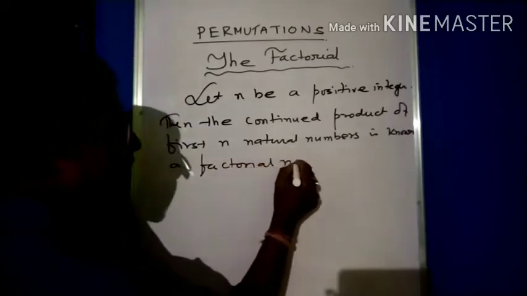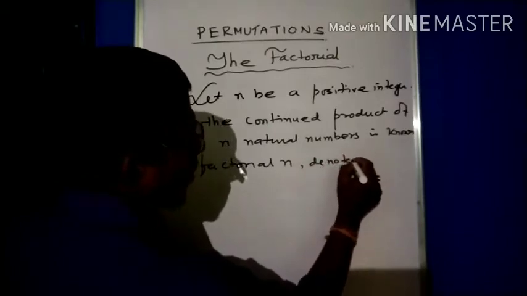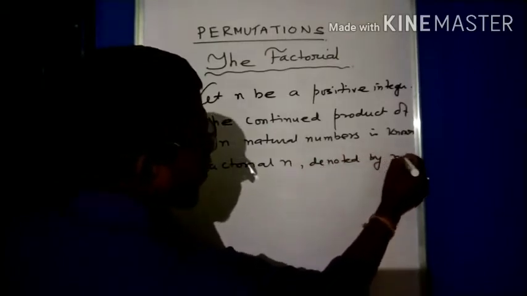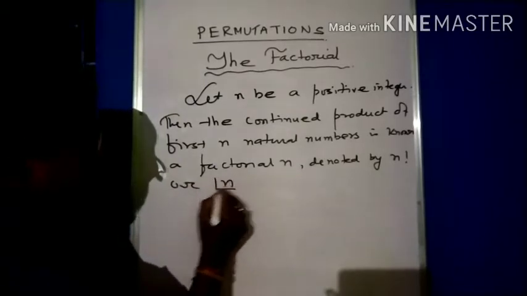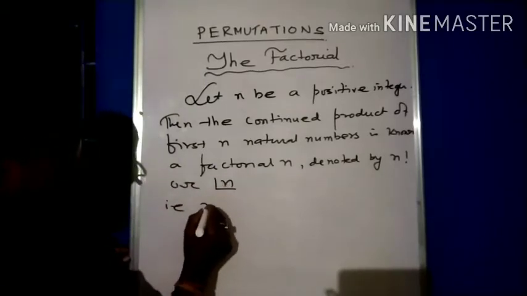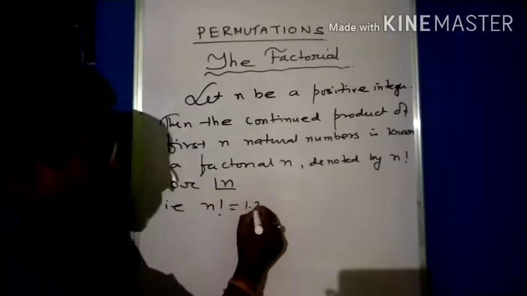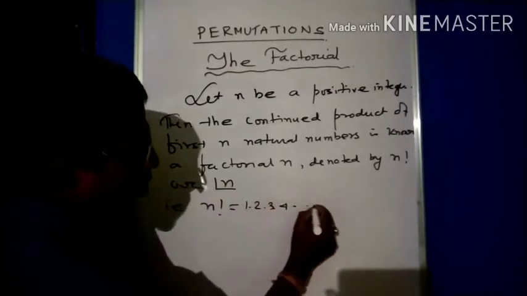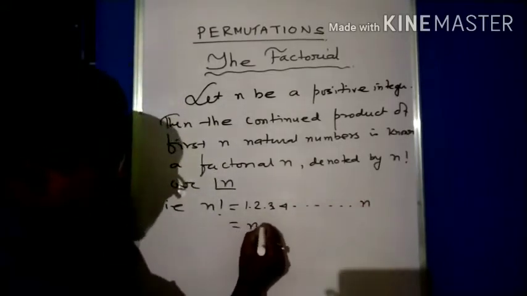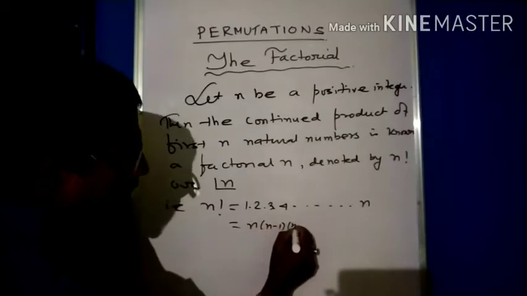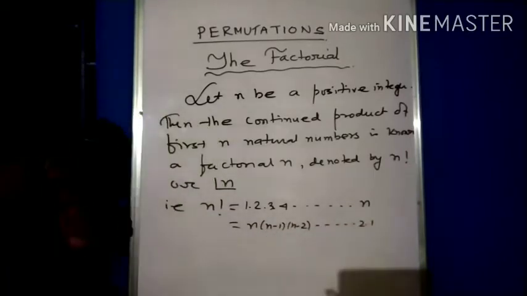Factorial n is denoted by either this symbol or this symbol. That is, what is factorial n? The continued product of the first n natural numbers: 1 into 2 into 3 into 4 into ... n, or we can say n into n minus 1, n minus 2, down to 2 into 1.